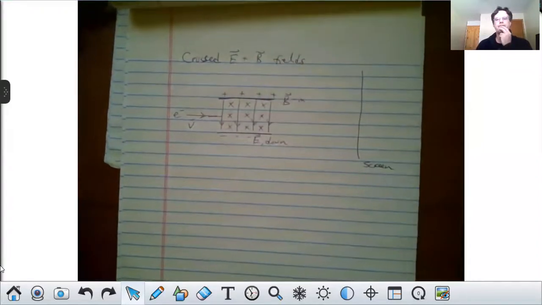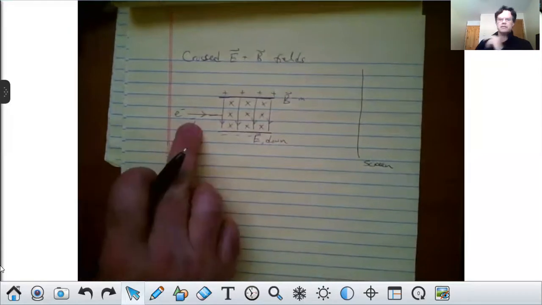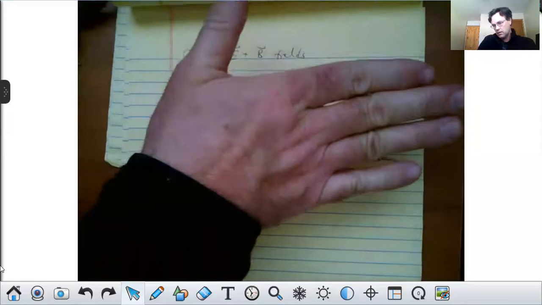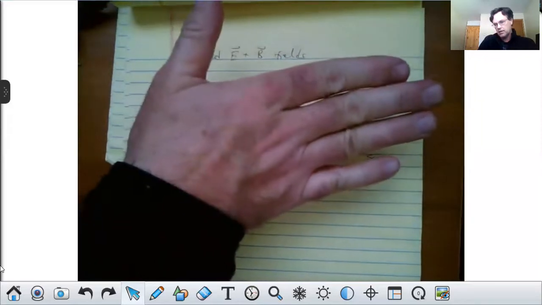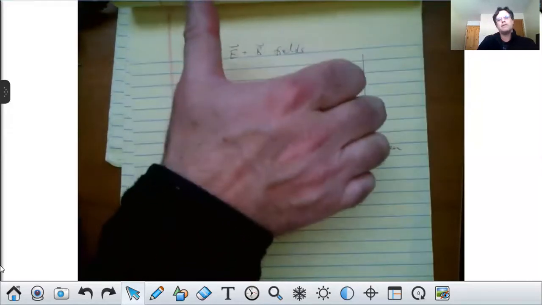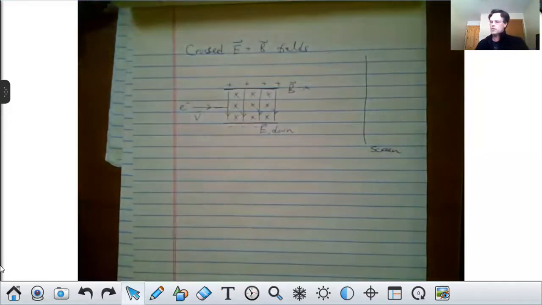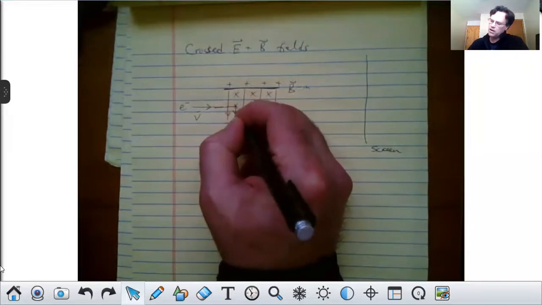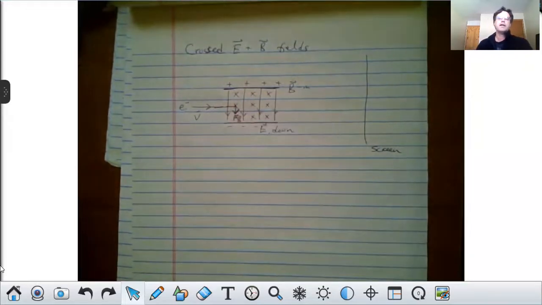So what happens? Okay, so the electron, right hand rule, v this way, palm in, because the magnetic field's going in, but it's a negative charge, so I have to flip my thumb over. So the force from the magnetic field is going to be downward. What about the electric field?